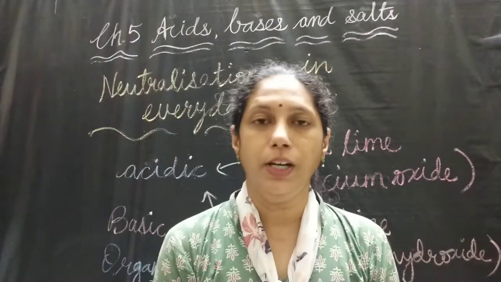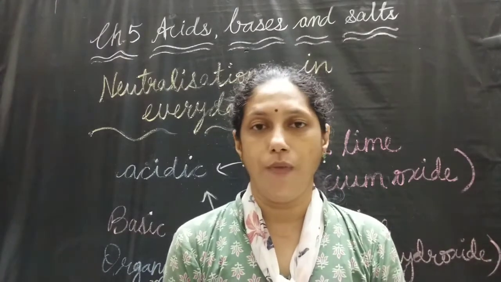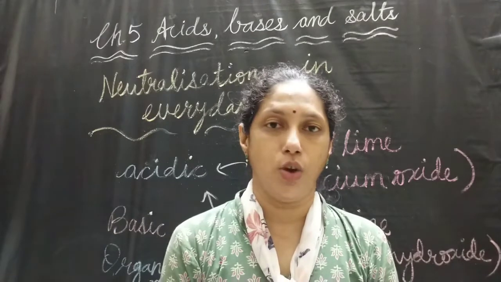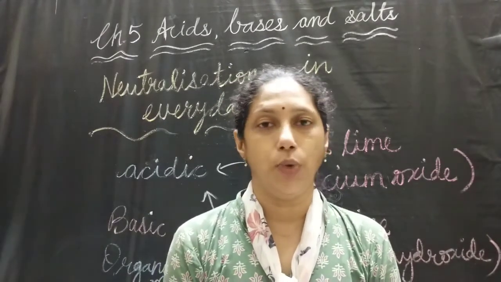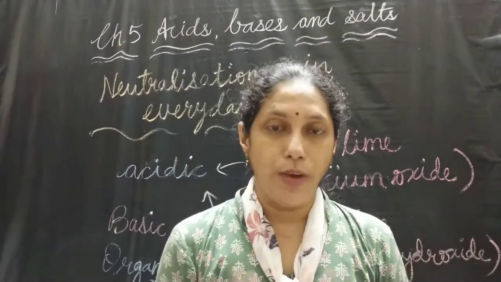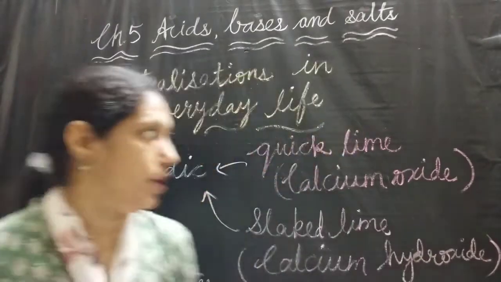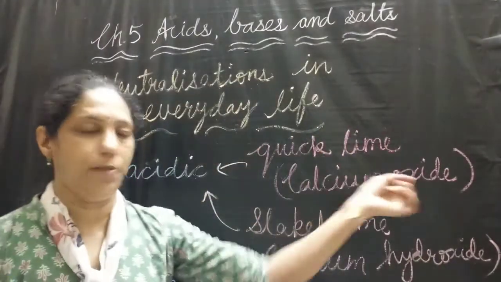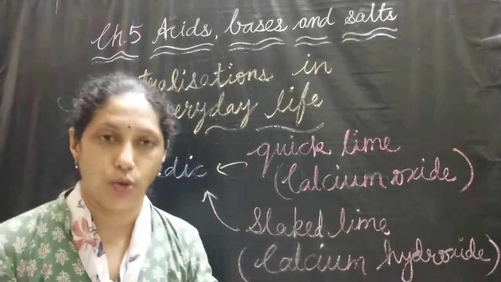In the third example, neutralization is seen inside the soil. Excessive use of chemical fertilizers makes the soil acidic. Plants do not grow if the soil is either too acidic or too basic. Here, when the soil is too acidic, it is treated with bases like quick lime, calcium oxide, or slaked lime, calcium hydroxide.